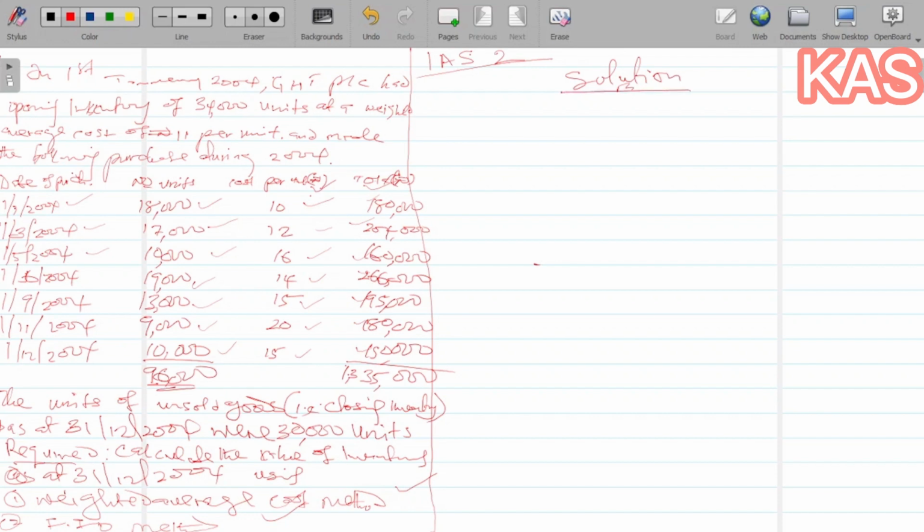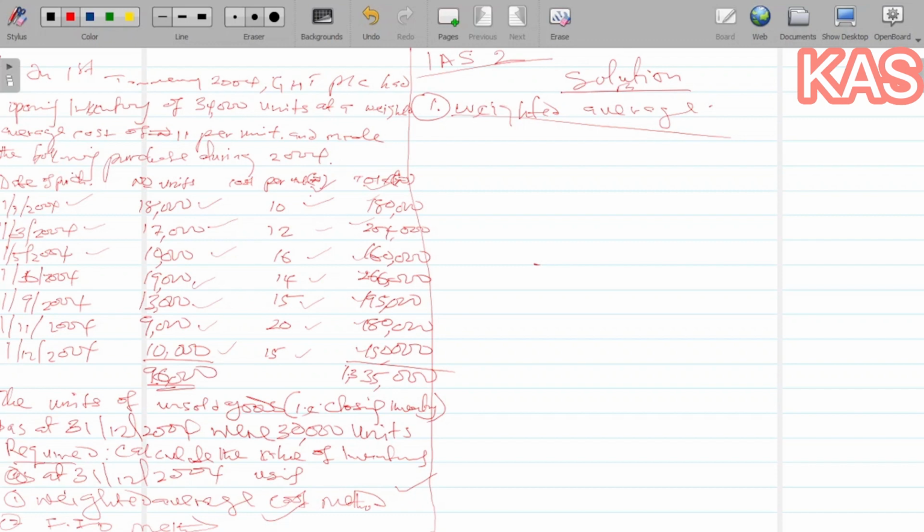The question said we should use weighted average for question 1. To use weighted average, there are some things that we are going to look at.